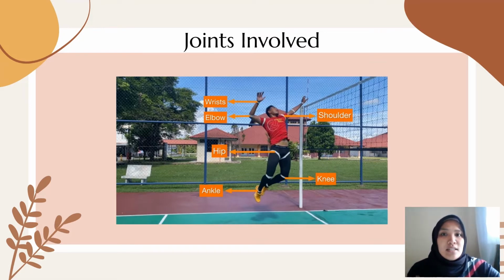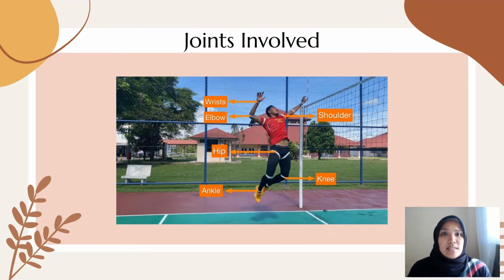In the shoulder, the joint is classified as a diarthrosis joint, which is a synovial ball and socket joint, and it is multi-axial because it facilitates movement in all directions and has a wide range of motion.